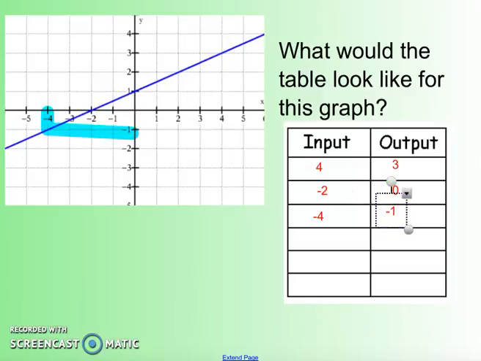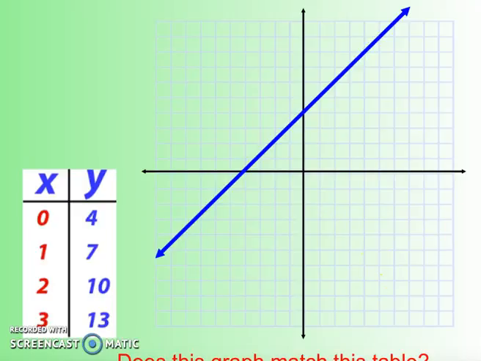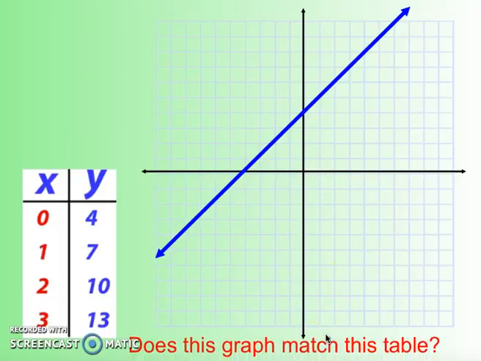Perfect. What if I asked you, does this graph and this line match? Are they the same? How could you check? Well, you could actually go along the x-axis and kind of choose some points. So for instance, if I choose, let's say 3, well, where does it cross on 3?